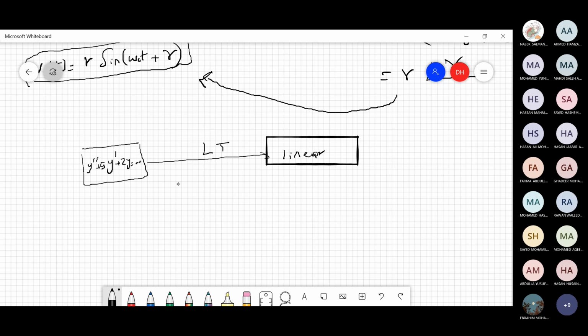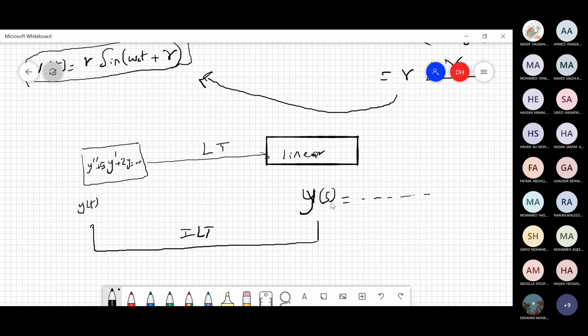After you have a solution, you will get Y of s in terms of s, equal to this one. The question is to find y of t. So then you need to use inverse Laplace transform to find y of t.